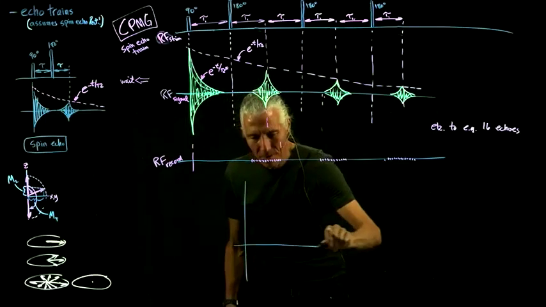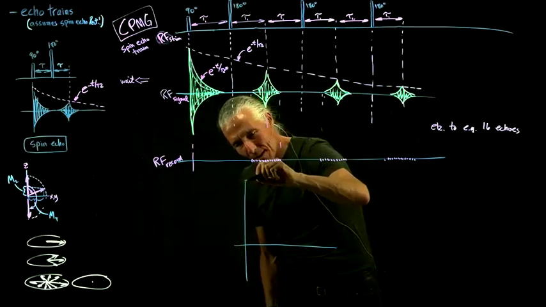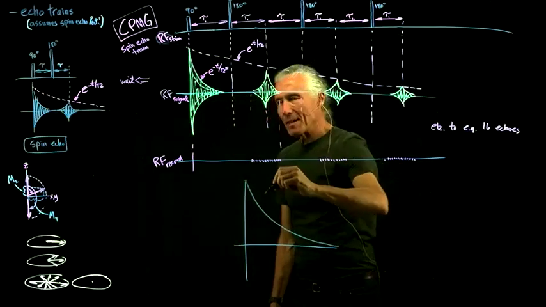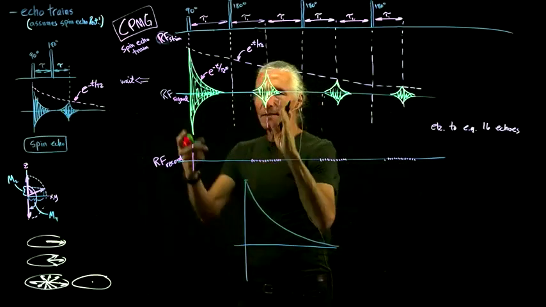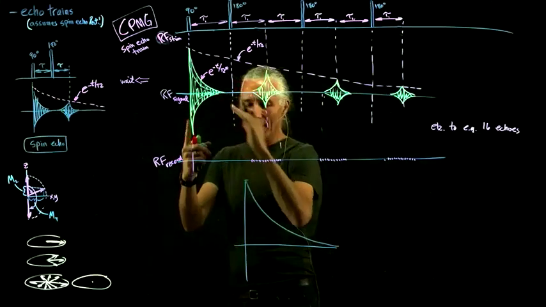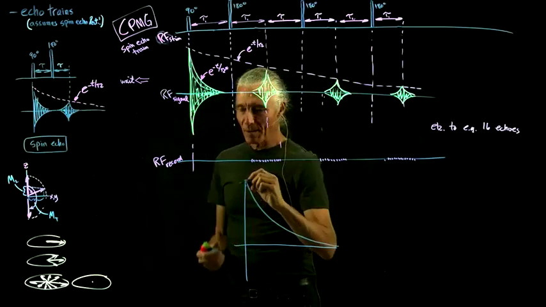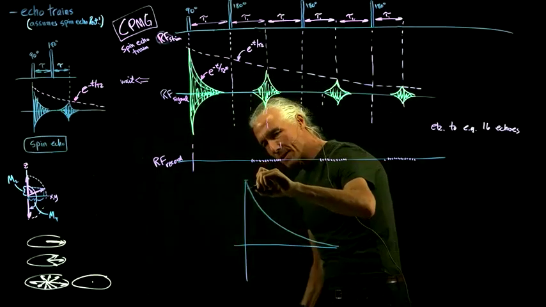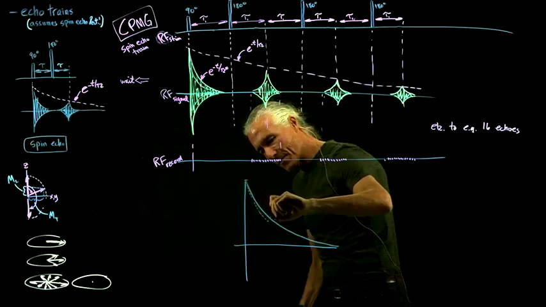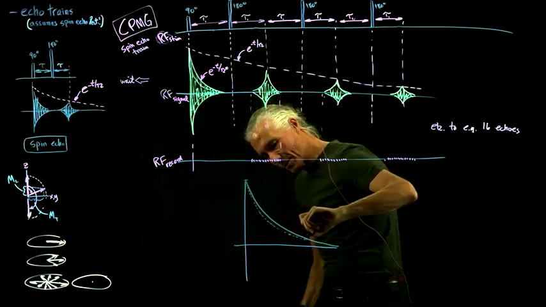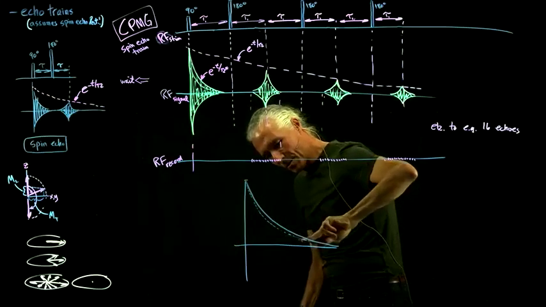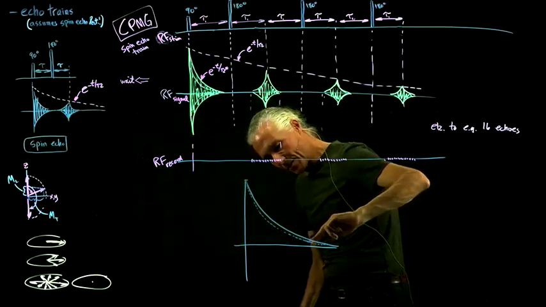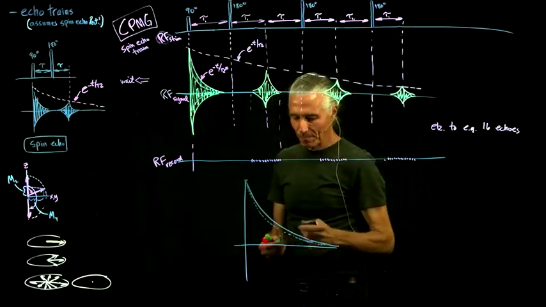And so if we have one tissue type that's falling off like that, if we make the echoes really early, there's not going to be any difference between two tissues that have two different T2 values. They'll both start at the same value, and then they'll both end at 0.